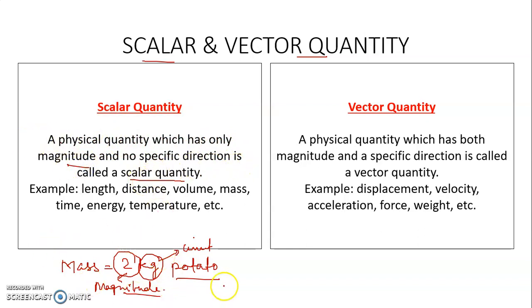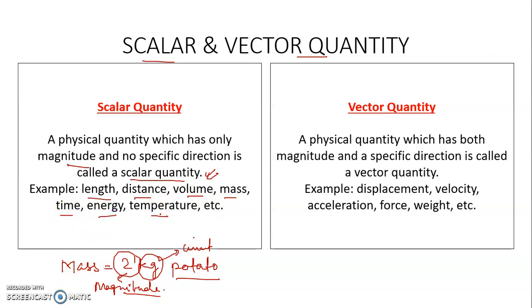Is there any direction mentioned over here? East, west, north, south, anything, any direction? No, that means this is a scalar quantity. Whenever a physical quantity has only magnitude and no direction, then such a physical quantity is termed as scalar quantity. Examples: length, distance, volume, mass, just like we discussed right now, time, energy, temperature.